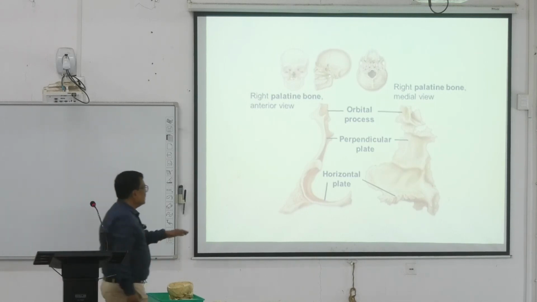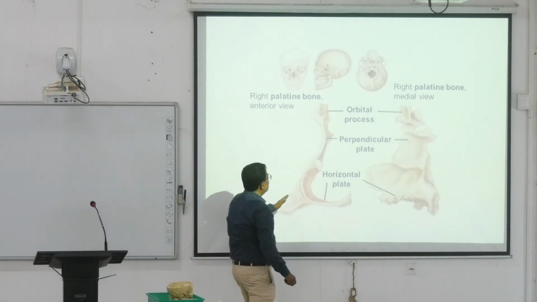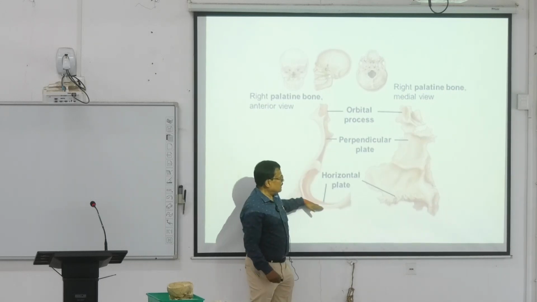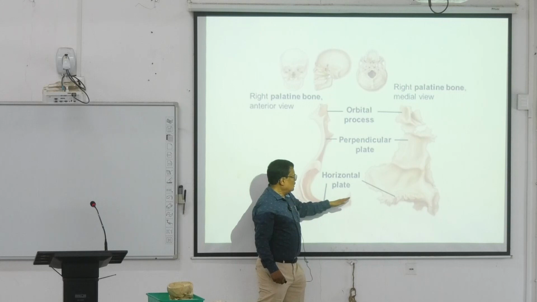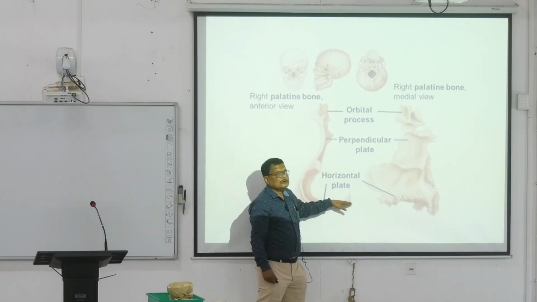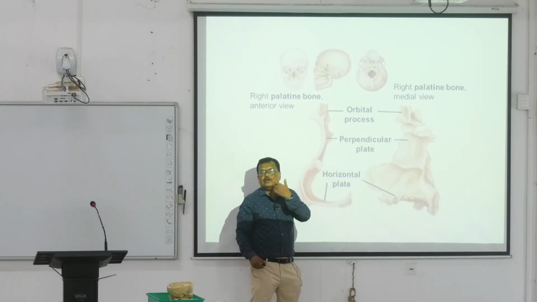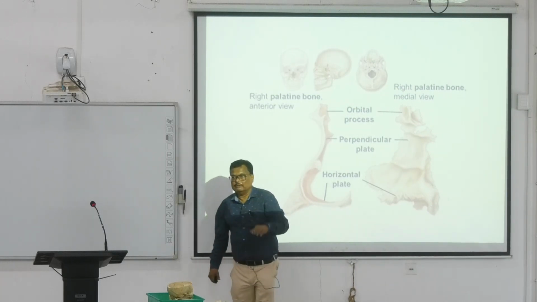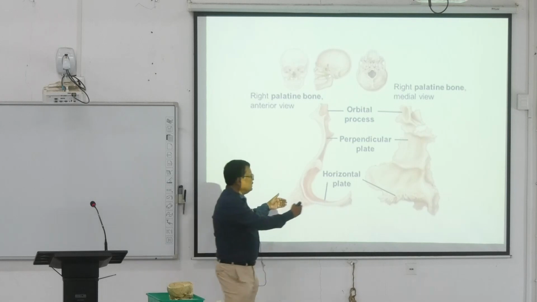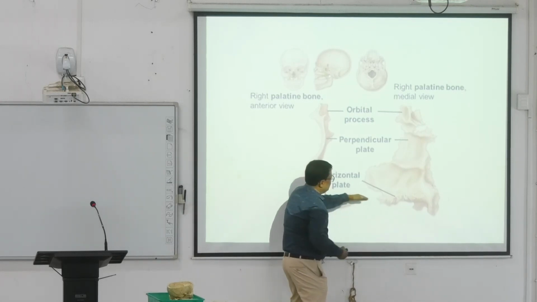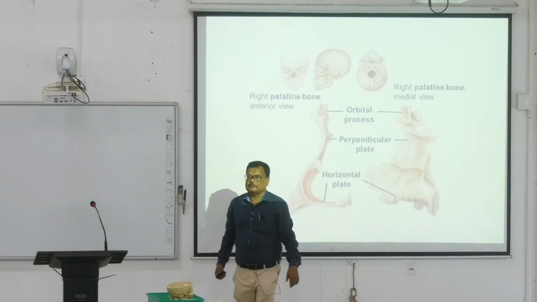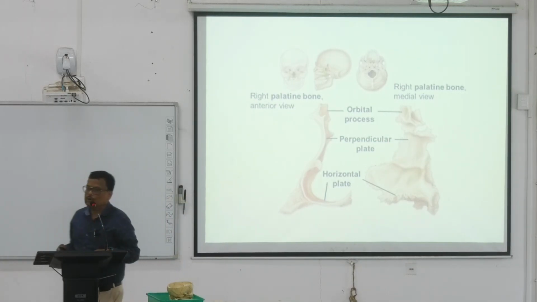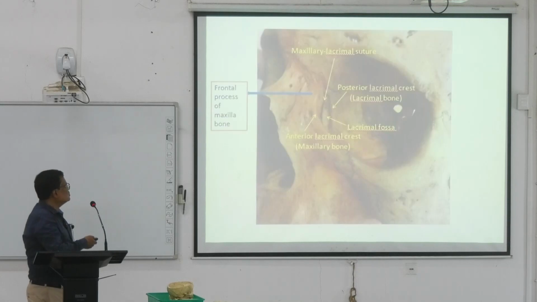And let me see another thing here: this is the vertical part and this is the horizontal part, and it forms the posterior part of the hard palate. This horizontal part is not needed here, but I told you. When two palatine bones join together, the two horizontal parts form the posterior part of the hard palate. So the palatine bone is a small bone, but it is very important.